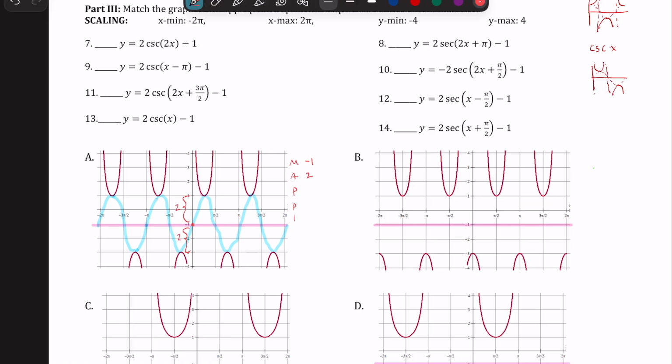Great. And then I've got a period of pi. So I'm taking 2 pi and dividing it by b, and that equals pi. So b has to be 2. So my period is just pi, right?